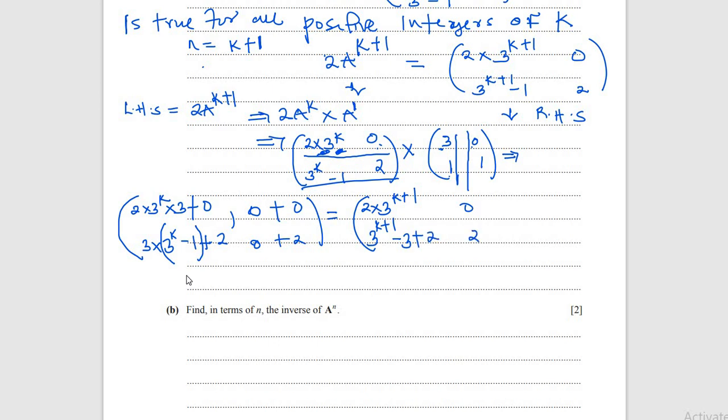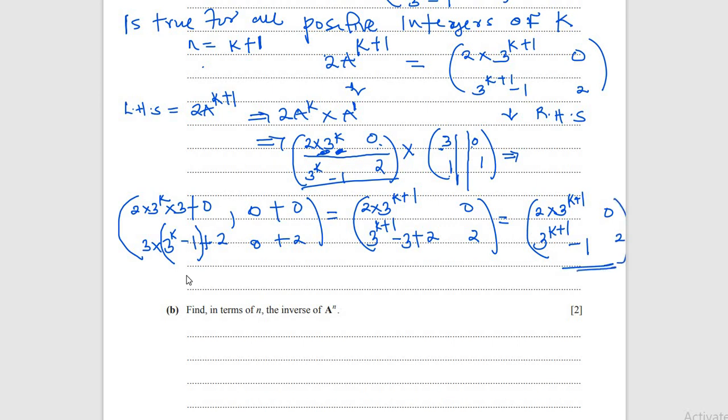So at the end of the day, we have 2 times 3 raised to the power k plus 1, 0, 3 raised to the power k plus 1 minus 3 plus 2, that's minus 1, 2.